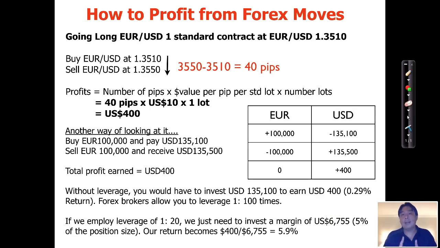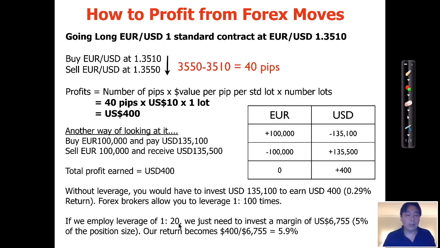But I can tell you that for me at least, when I trade Forex, I don't ever use more than 1:20 leverage. Again, brokers allow you to leverage 1:100, but for the purpose of trading, we will not be leveraging any more than 1:20.